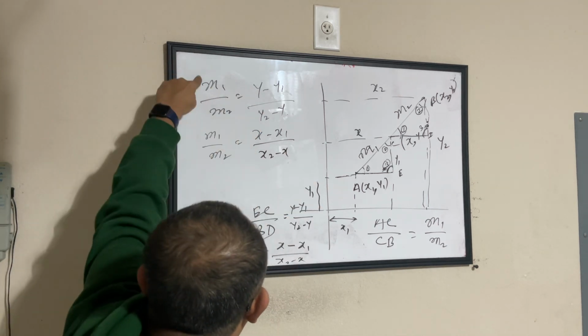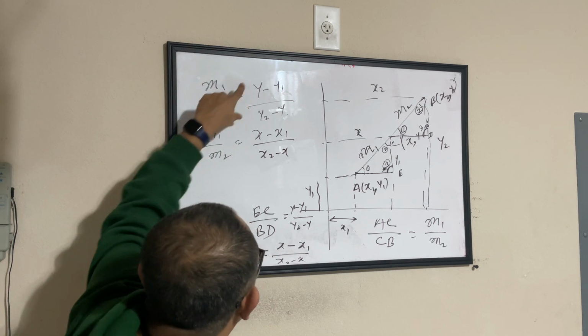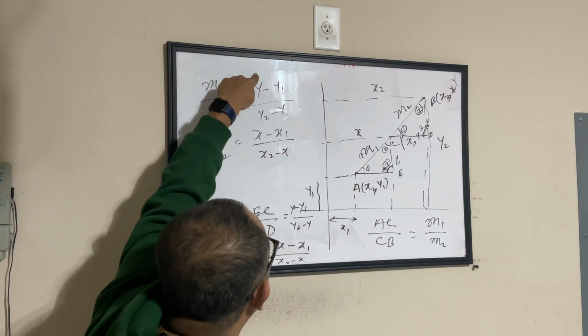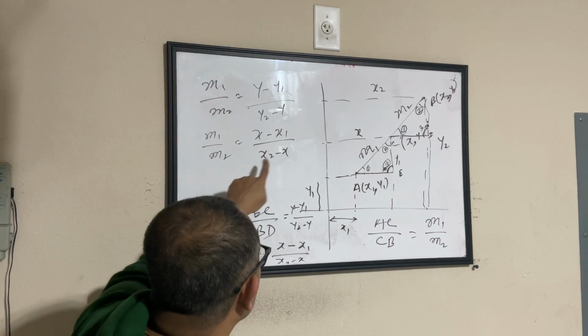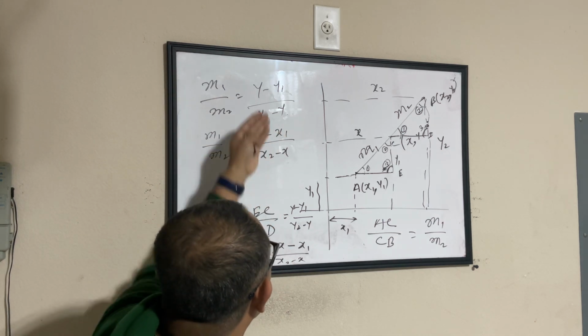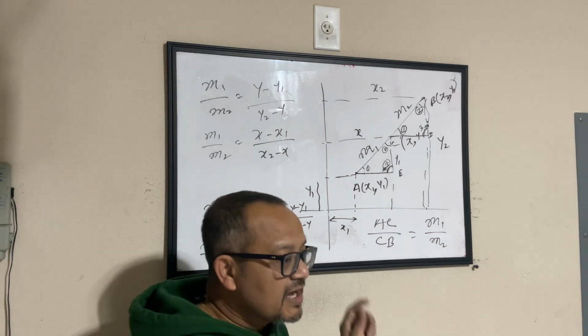So look at this. The M1 by M2 ratio has a similar relationship: M1 by M2 equal to y minus y1 by y2 minus y, and M1 by M2 equal to x minus x1 by x2 minus x. Meaning in terms of x and in terms of y. How do you relate this? This is what we have got.